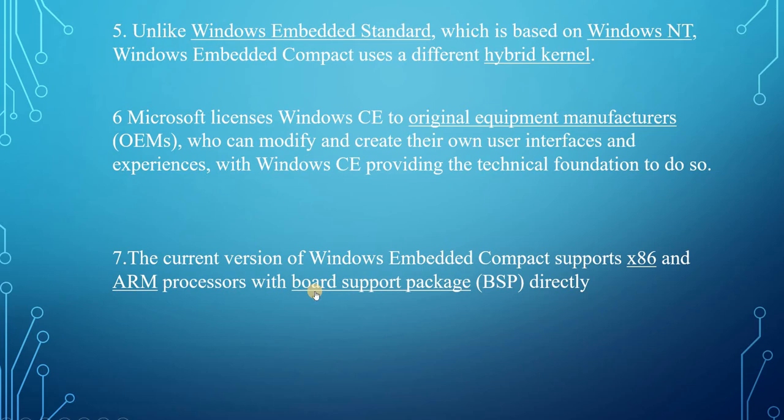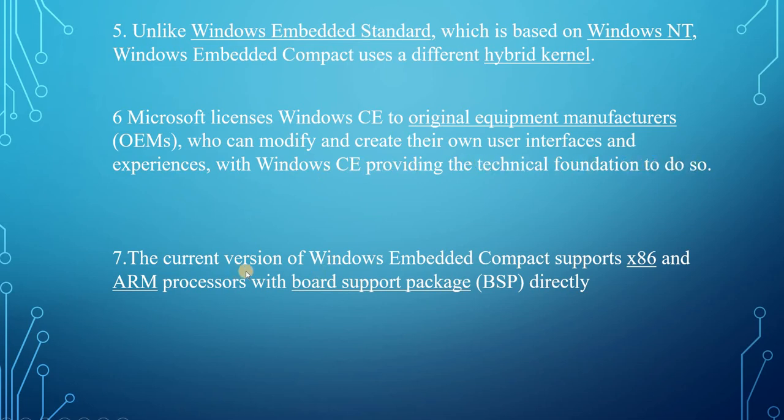Unlike Windows Embedded Standard, which is based on Windows NT, Windows Embedded Compact uses a different hybrid kernel here. Microsoft licenses Windows CE to original equipment manufacturers, OEMs, who can modify and create their own user interfaces and experiences here, with Windows CE providing the technical foundation to do so.